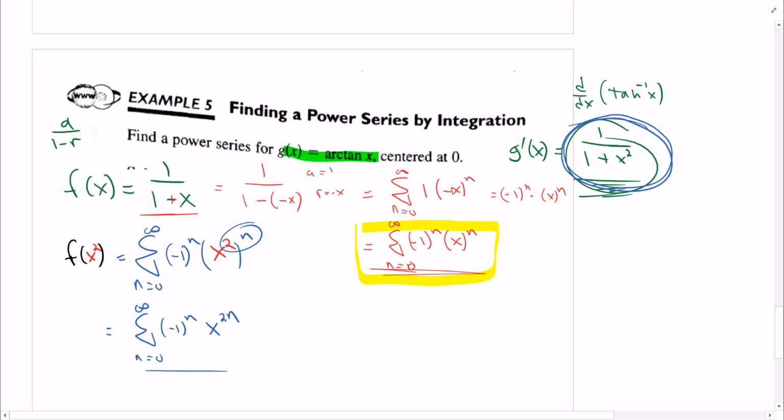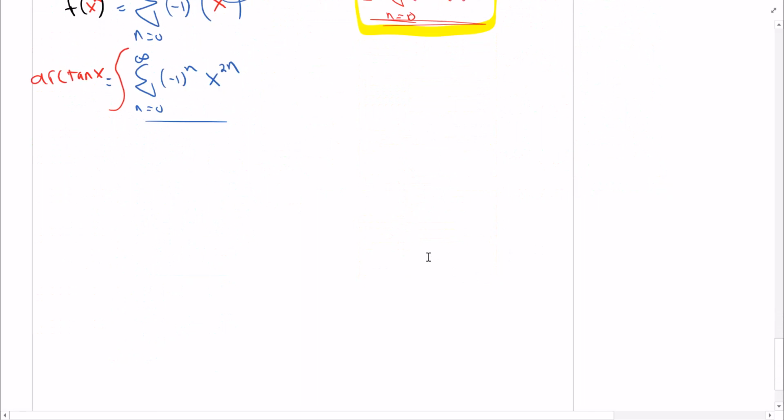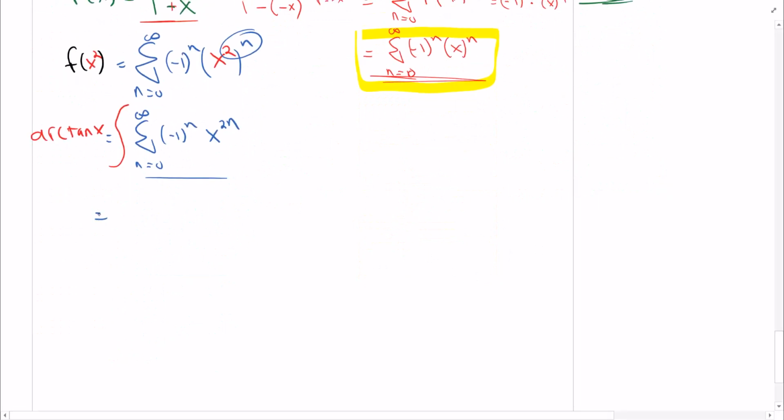And so what we can do is integrate this series, and then we will have arctan, because if we integrate 1 over 1 plus x squared, we get arctan. So by doing this, we're going to come up with an infinite series that represents arctan. Integrating is just applying your power rule.